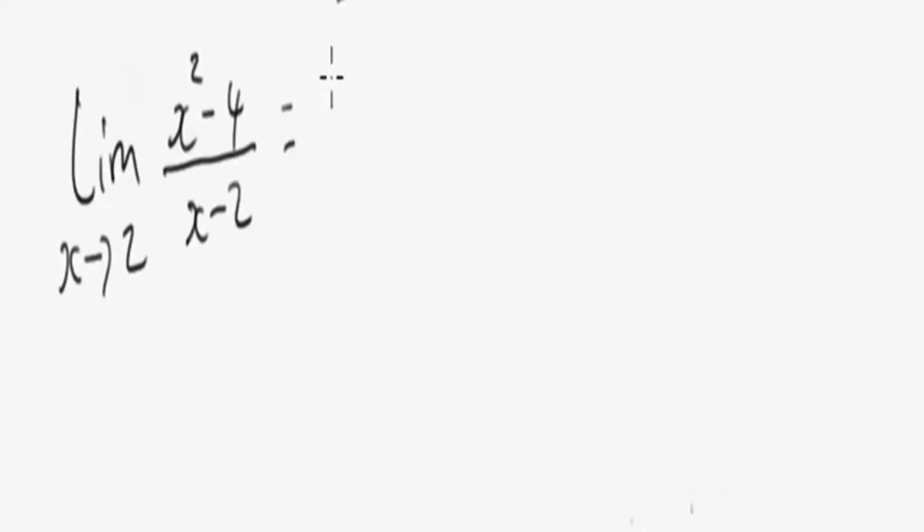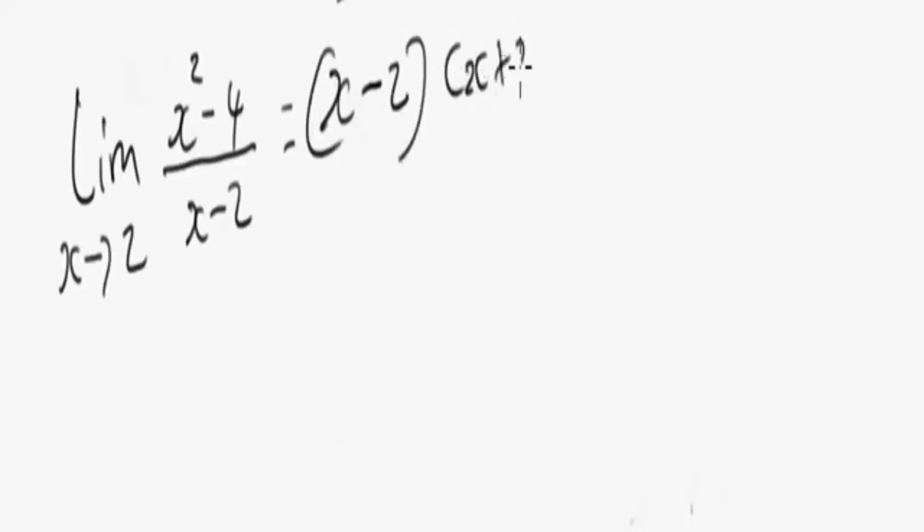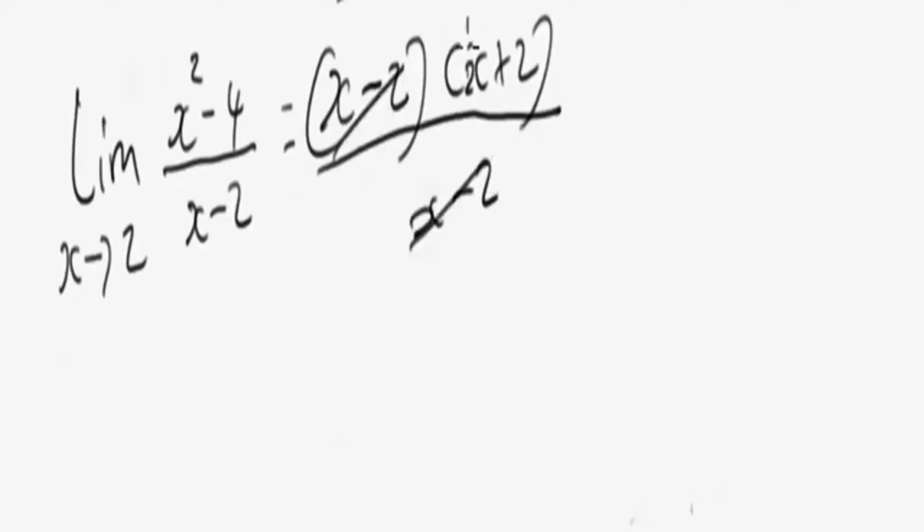To factorize the numerator, you're going to have (x minus 2)(x plus 2) over (x minus 2). So this can cancel out. Once you cancel out, you can then plug the 2 into this x, which is 2 plus 2 equals 4. That's the answer. As simple as that, guys.